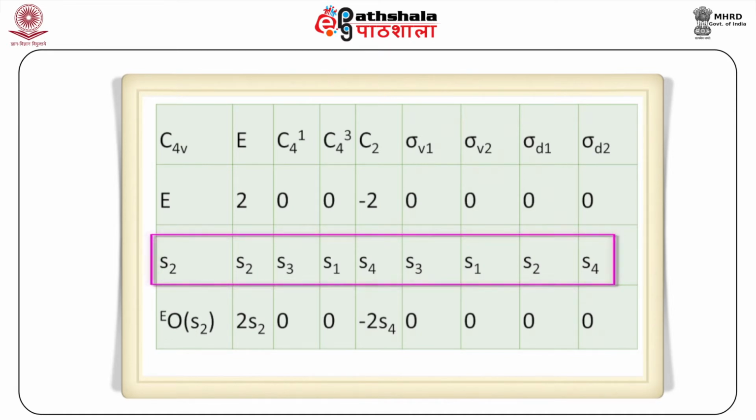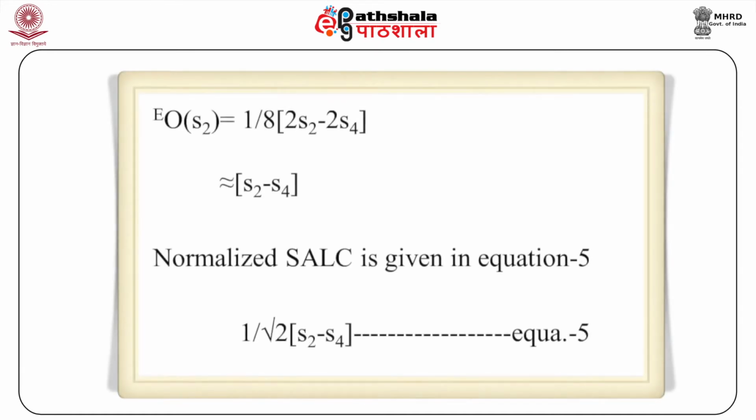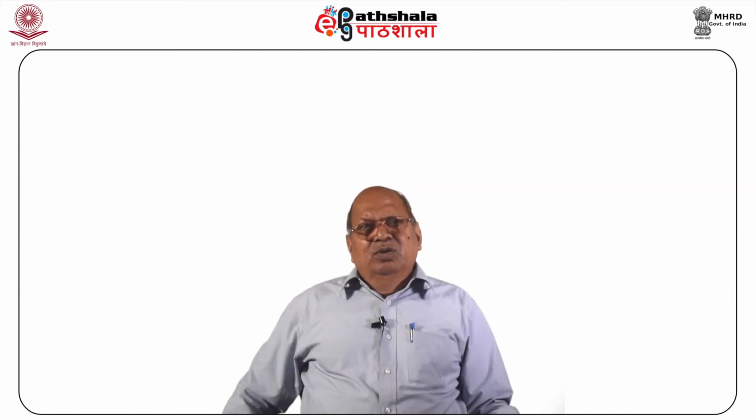S2 goes as S2, S3, S1, S4, S3, S1, S2 and S4, and the results are summarized again in equation 5, that is we are getting here 1 upon under root 2 S2 minus S4. Let us now take the S3 function and take projection operators corresponding again to A1, B2 and E symmetry.